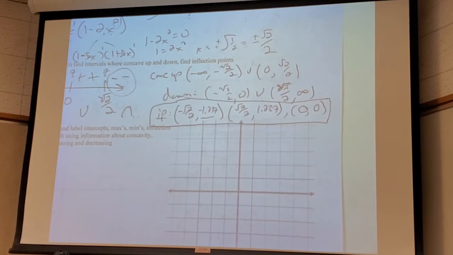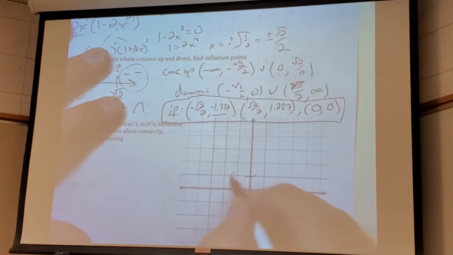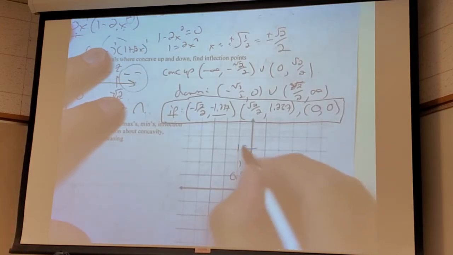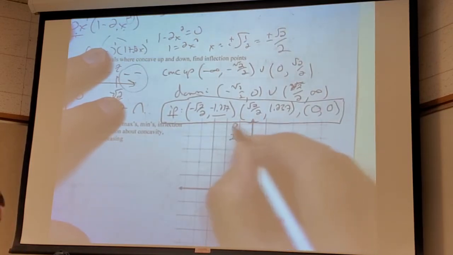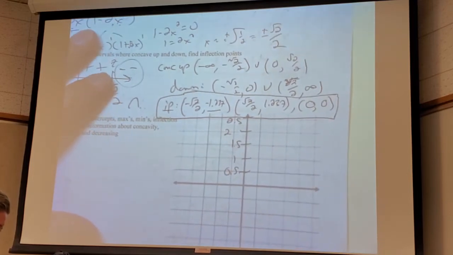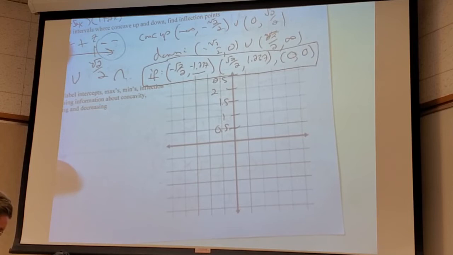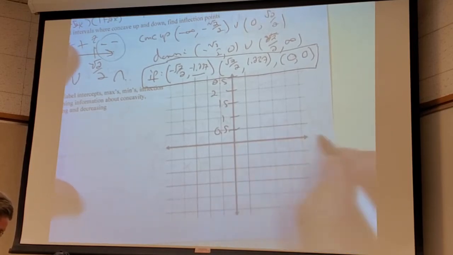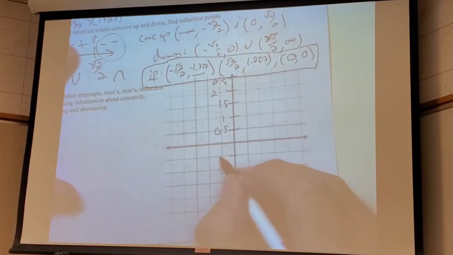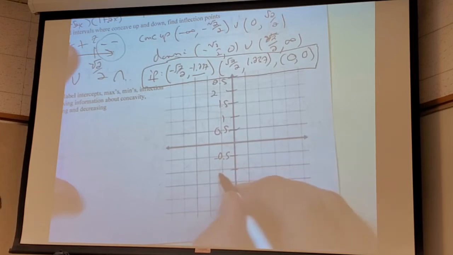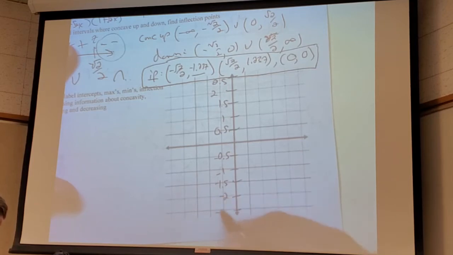So let me not go 1, 2, 3. Let me go 0.5, 1, 1.5, 2, 2.5. And then even here, what do my inputs look like for my important points?